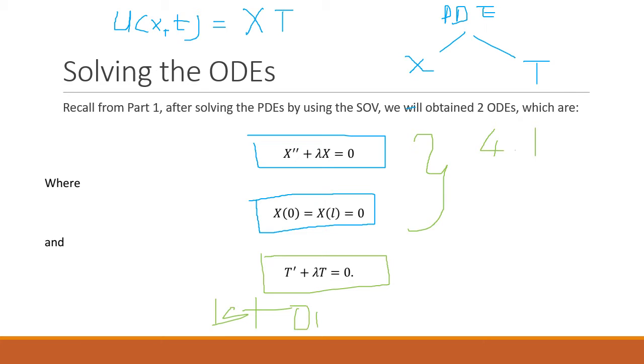Dan untuk solve T prime plus lambda T equal to 0, yang ni adalah first order DE. Okay, so cara nak solve.